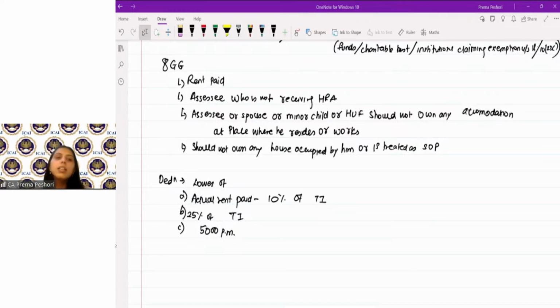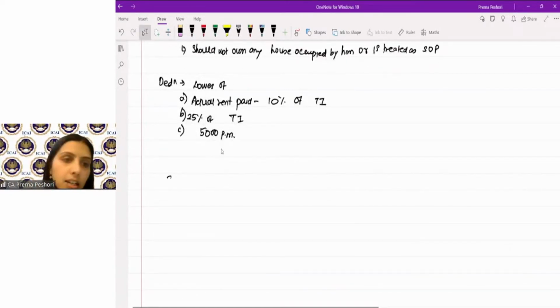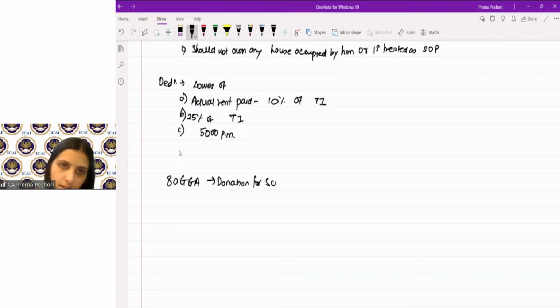Okay. Next one is 80GGA, which is deduction for the donation for scientific research. So any amount paid in respect of donations made for scientific research or rural development where the assessee does not have income under the head PGBP.